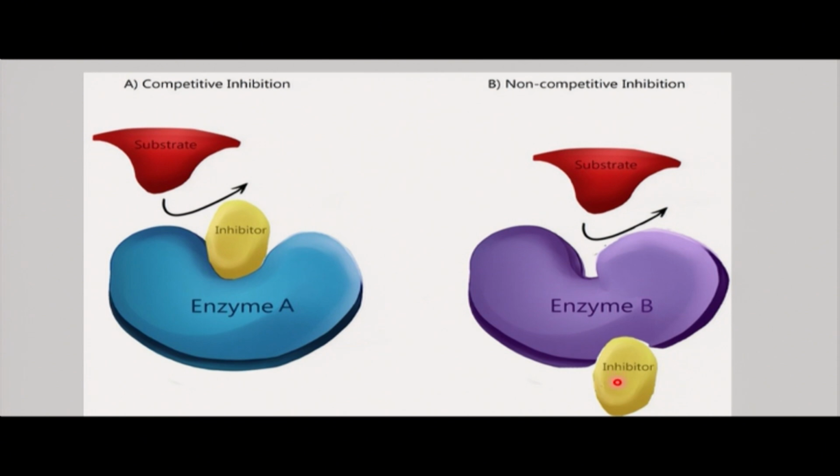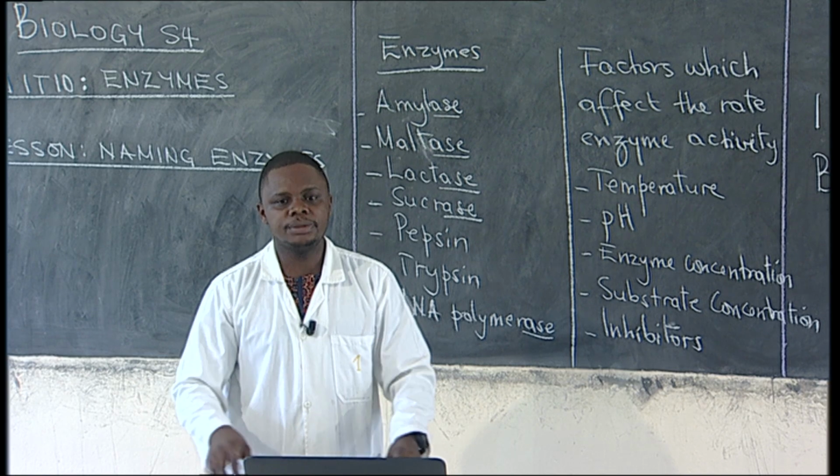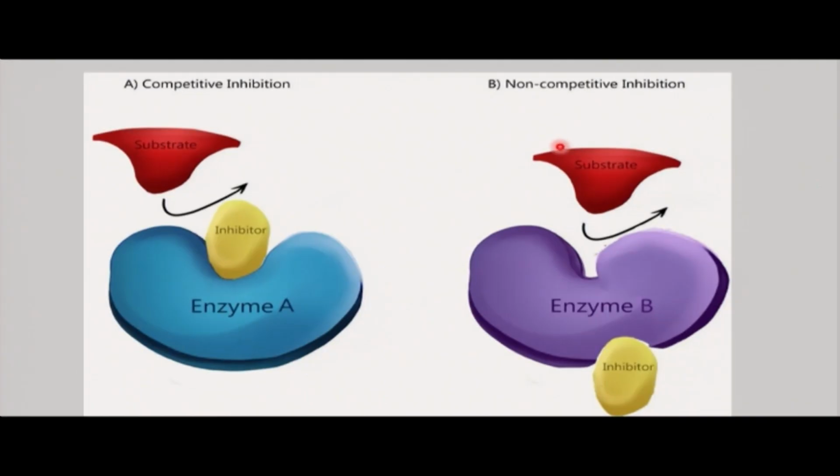And when the inhibitor enters there, it changes the shape of the active site of the enzyme, and then the substrate will not be able to enter into the active site. Here it means the inhibitor doesn't compete with the substrate to enter into the active site. So in that case, the inhibitor will not allow the substrate to bind to the active site of the enzyme.